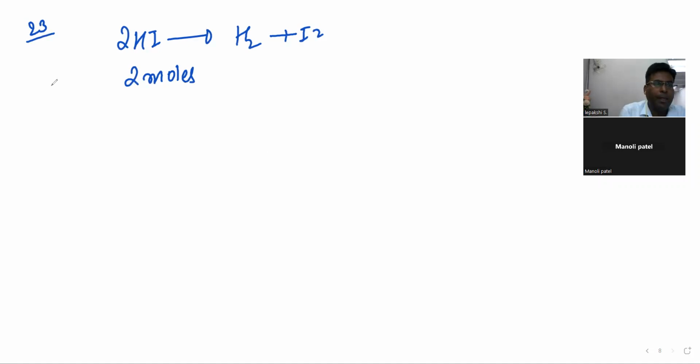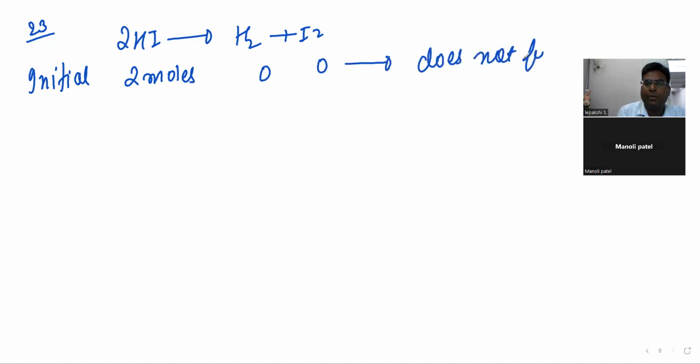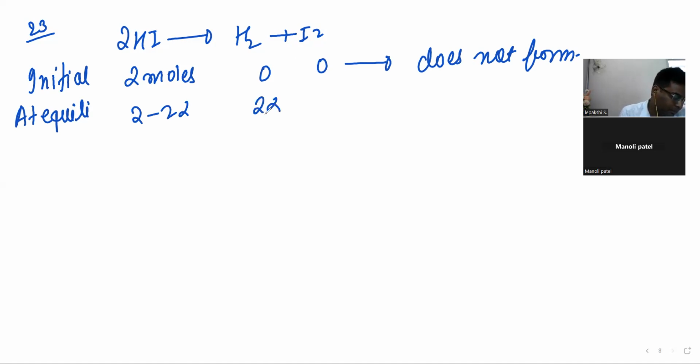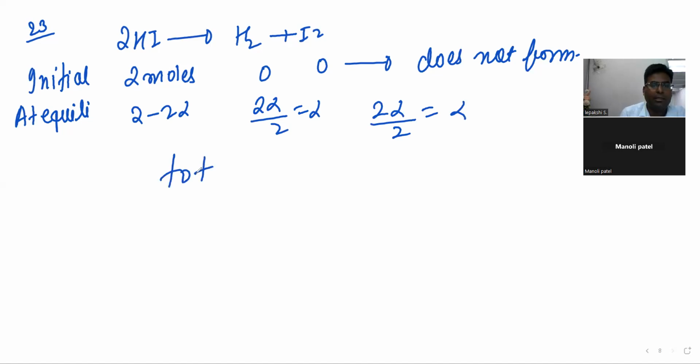Initially it is taken as 2, so this is your initial mole, and H2 and I2 are not formed, so that will be the 0 value. So what will happen at equilibrium? It will be 2 minus 2 alpha for HI, for H2 it will be 2 alpha by 2, then it will become alpha, and for I2 it will be 2 alpha by 2, that is alpha.